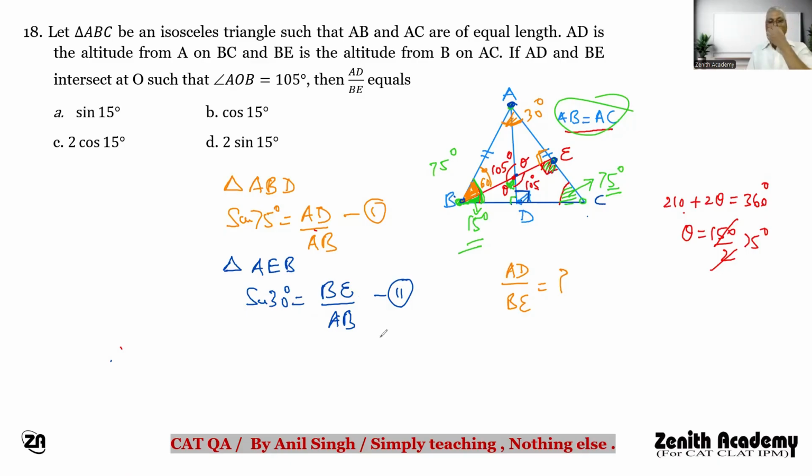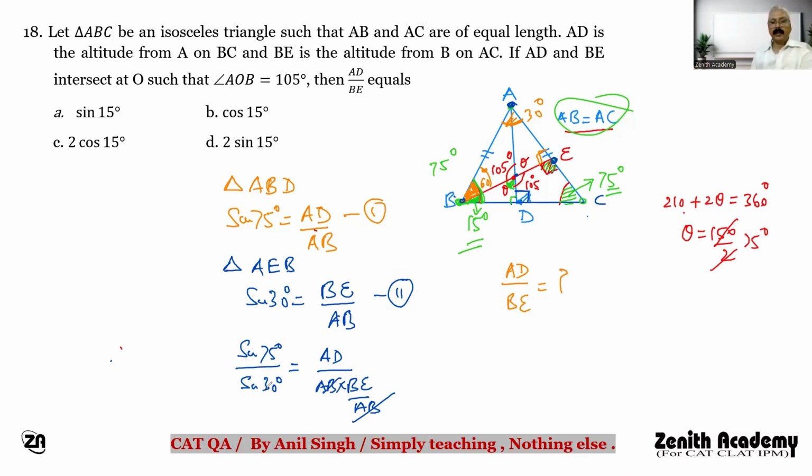And now sine 75 upon sine 30. Sine 30 is 1 by 2. So sine 75 degree, sine 30 degree. Here this AD upon AB and this BE upon AB. This is cancelled.